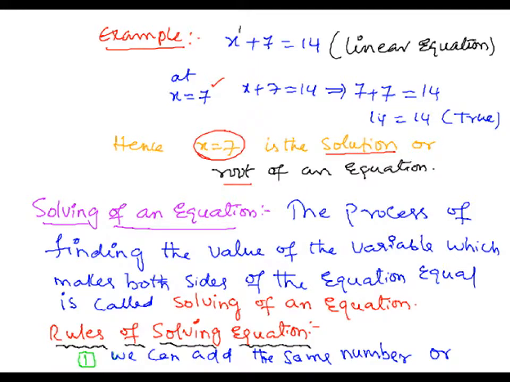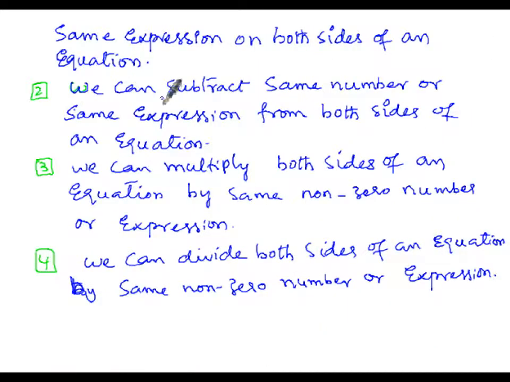Then we can subtract the same number or same expression from both sides as the second step. As the third step, we can multiply both sides of an equation by a non-zero number or the same expression. Similarly, we can divide both sides of an equation by the same non-zero number or the same expression.